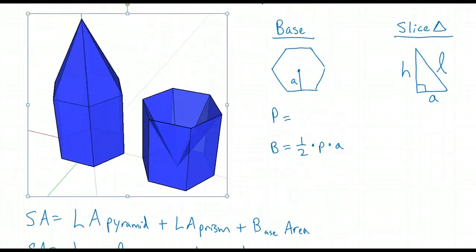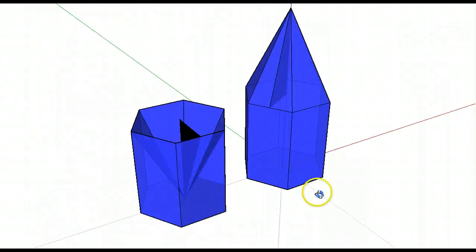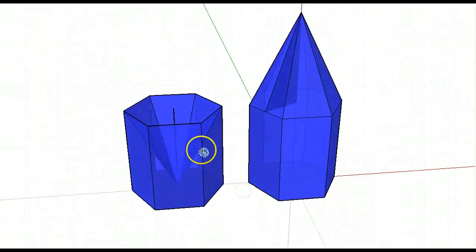Now to figure out the volume of these two shapes is going to be different. The surface area was the same between the two of them. The volume is going to be different. The volume of this shape is going to be bigger than the volume of this shape.